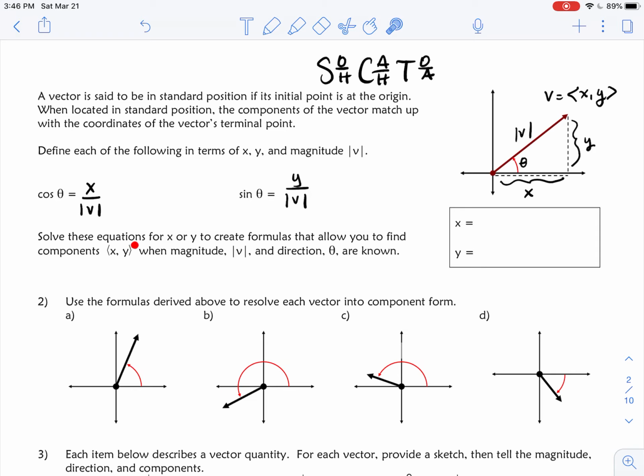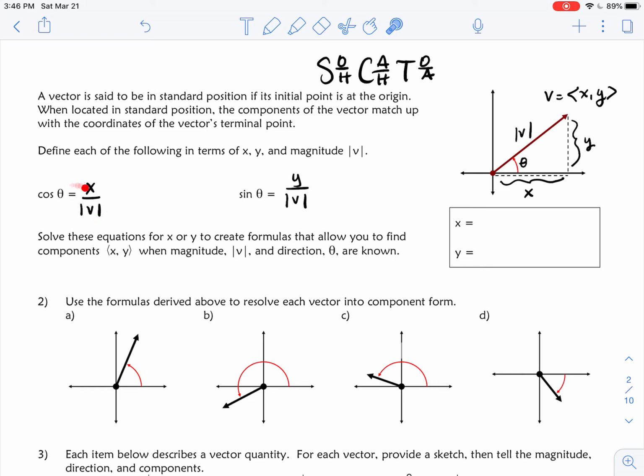The directions say to solve these equations for x and y to create formulas that allow you to find the components when the magnitude and the direction are known. So if I were to take this equation here for cosine theta and solve for x, x is being divided by the magnitude, so to undo that, we use multiplication.